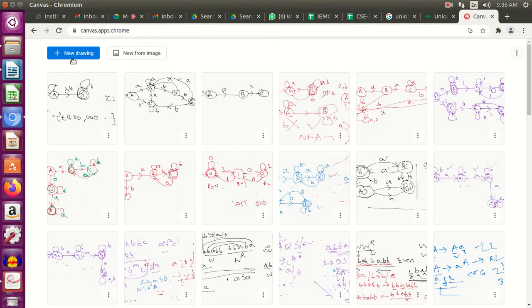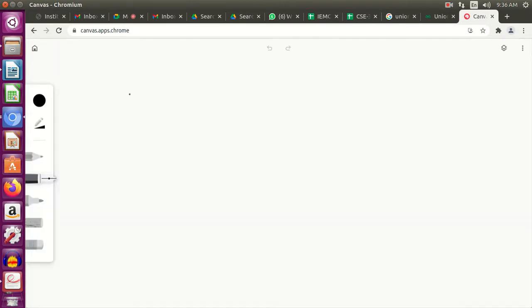So I'll write the name of the states at the top, and I'm going to write them on my left hand side, both row-wise and column-wise.